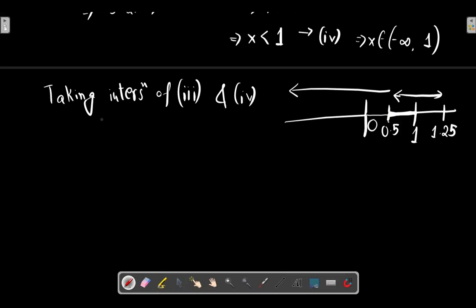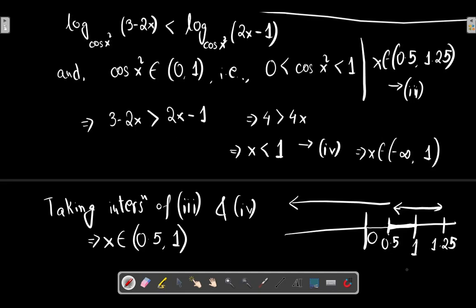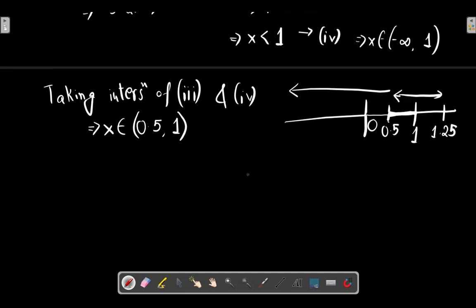So taking the intersection, x belongs to the common region of both 3 and 4, which is the region between 0.5 and 1, as it covers the region for both the equations 3 and 4. So 0.5 to 1, this is the final solution.